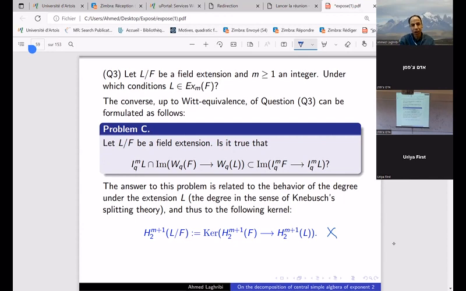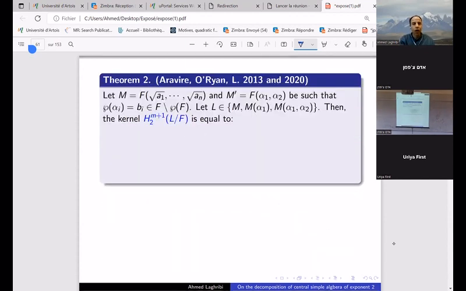Now I will give you some answers that I will use later for the adapted decomposition. We have a theorem due to Laghribi, Orion, and myself, which we proved in two stages, 2013 and 2020.